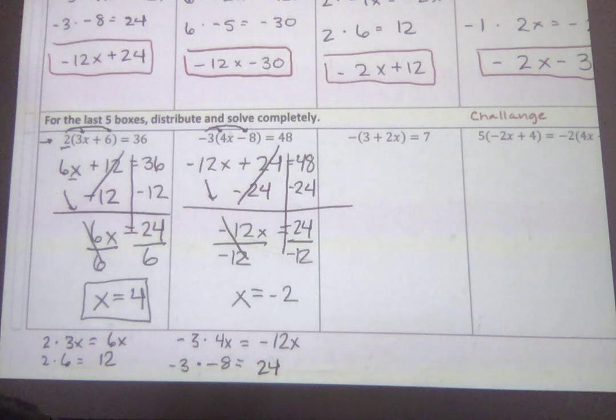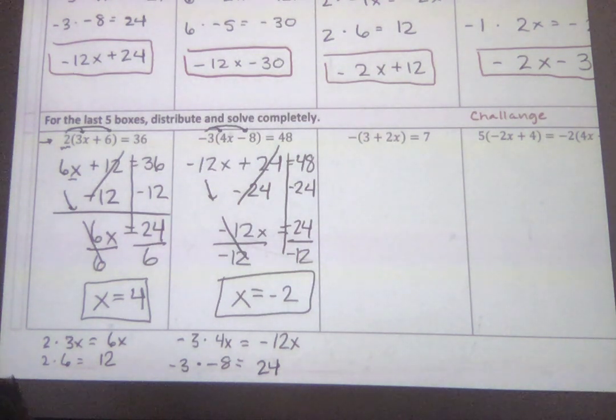You should get a negative 2. So there you should get x equals negative 2. Negative 12x divided by negative 12. I got 72 for some reason. I think you added instead. I think I added instead of subtracted. Yeah.